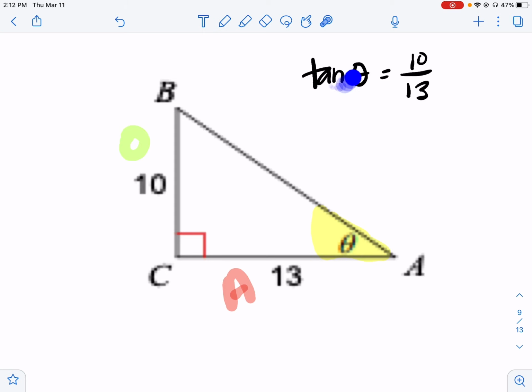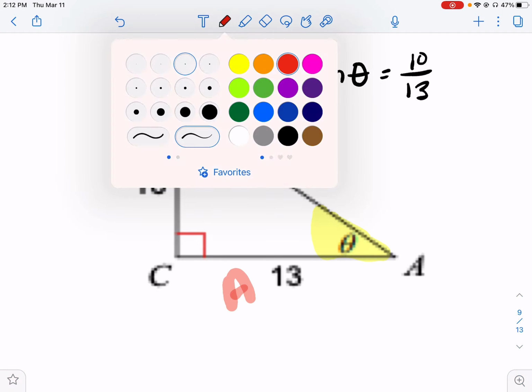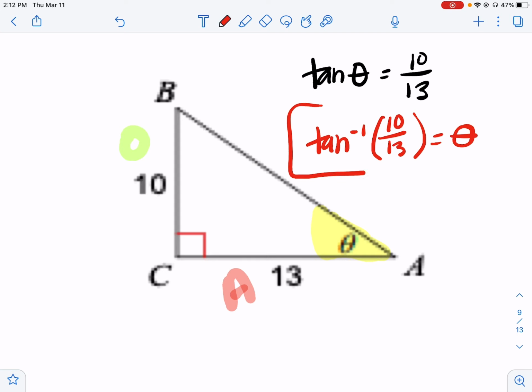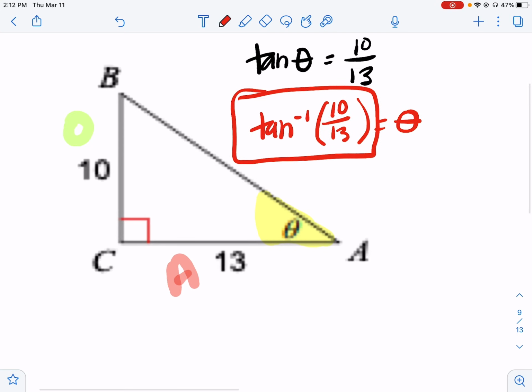But my theta is inside my tangent now. So in order to get that out, we're going to use that inverse trig. And we're going to say the inverse tangent of 10 over 13 is equal to theta. This is now exactly what I type into my calculator. And it tells me that my angle is 37.57 degrees.